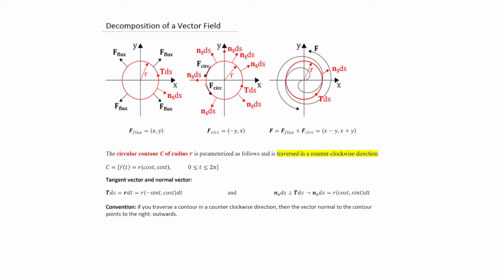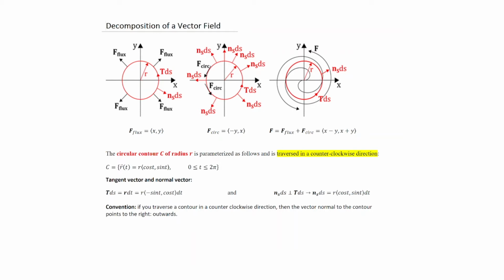And then according to convention, the normal to the contour will be pointing to my right if I move in a counterclockwise direction. So the normal vector will be n subscript s ds, n subscript s being a unit vector that's normal to the contour pointing outwards. And I've done this for all three diagrams. Same contour, same radius, same definition for T ds, same definition for N ds. So that's basically my starting point.